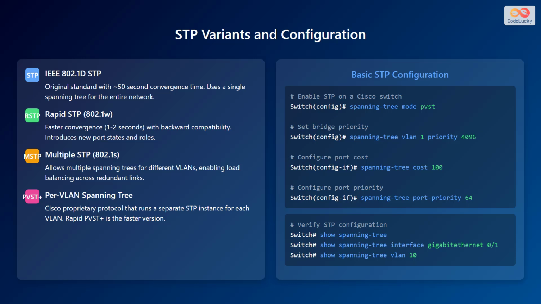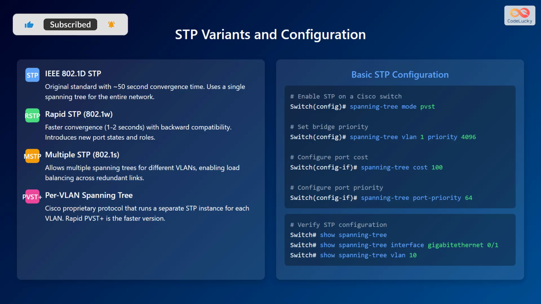There are several variations of the spanning tree protocol. First is the IEEE 802.1d STP, the original standard with approximately 50-second convergence time. It uses a single spanning tree for the entire network. Rapid STP is also known as 802.1w. It has faster convergence, about 1 to 2 seconds with backward compatibility, and it introduces new port states and roles.